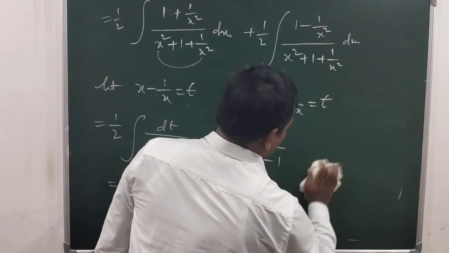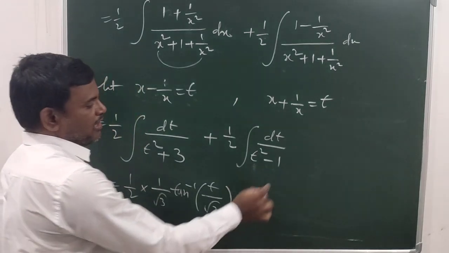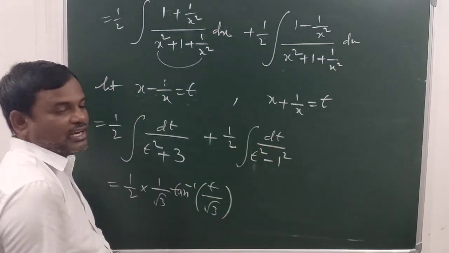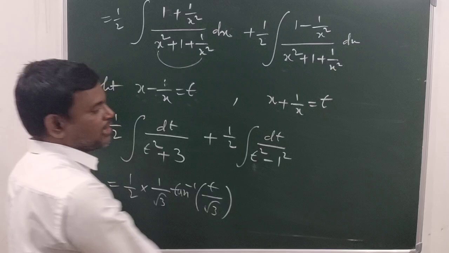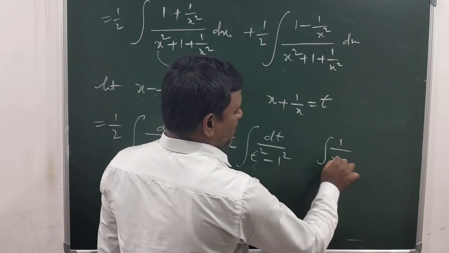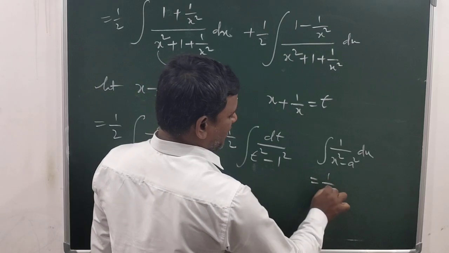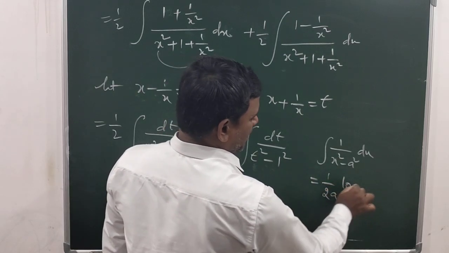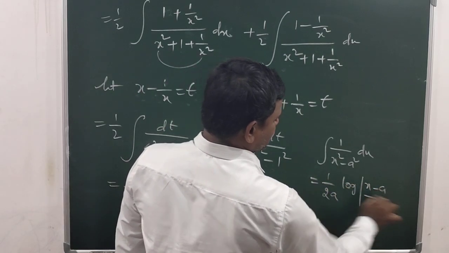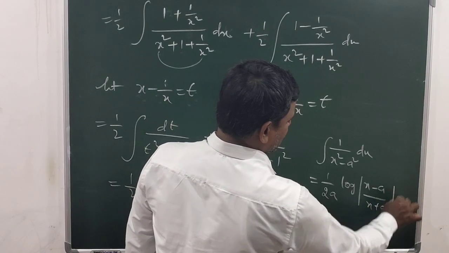So, okay, what is the integral of this function? It is looking like this formula: integral of 1 by x square minus a square dx, whose integral value will be 1 by 2a log mod x minus a by x plus a plus c.